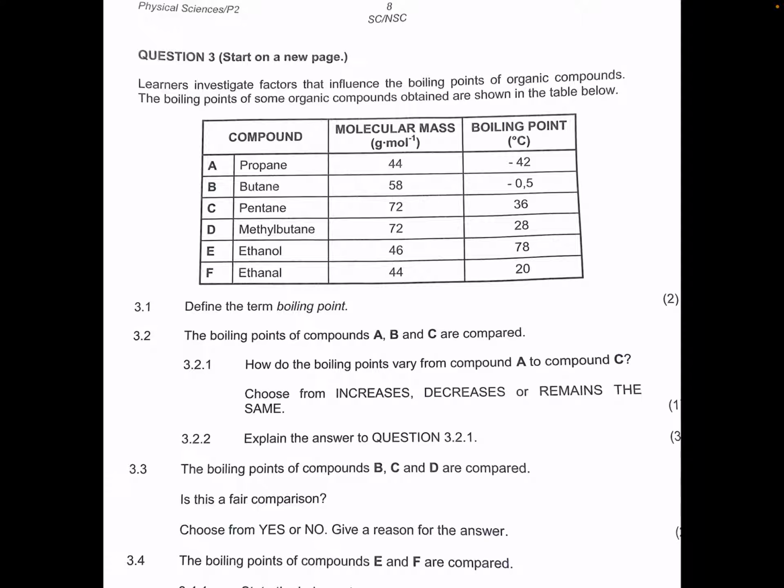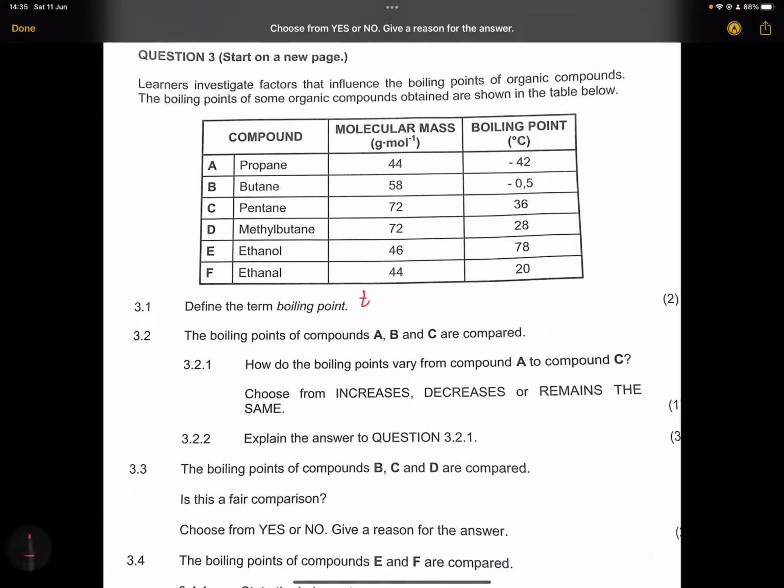Remember that boiling point is the temperature at which the vapor pressure of a compound is equal to atmospheric pressure.